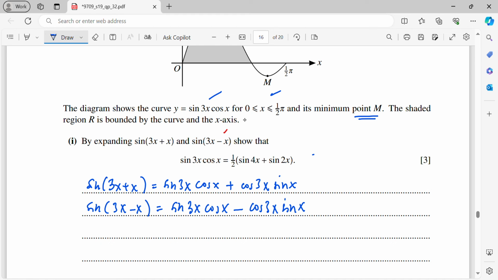Now, you want to show this, so I will start from the left hand side. No, I will start from the right hand side because you are given this, which is basically sine 4x, and here is sine 2x. So start from the right hand side. The right hand side equals half of (sine 4x plus sine 2x).